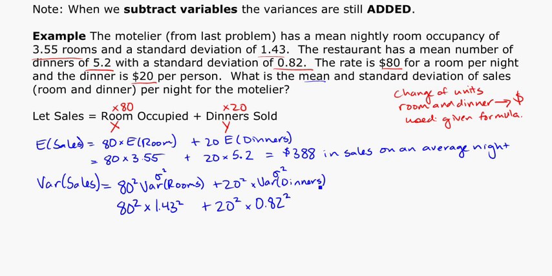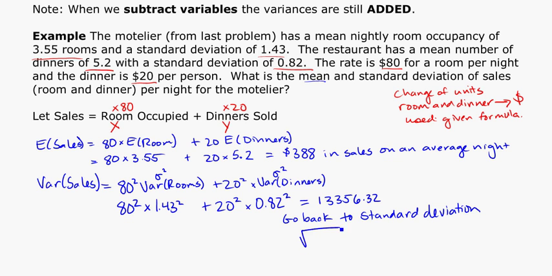So when I multiply all these together, I get a really big number, 13,356.32. It should make sense to you that you're not done yet, because it's a ridiculously big number. So go back to the standard deviation. And remember that the standard deviation is just the square root of the variance.